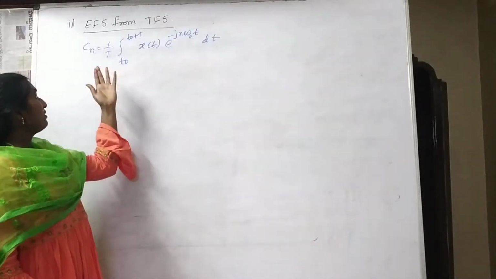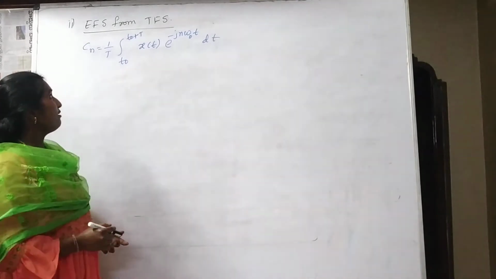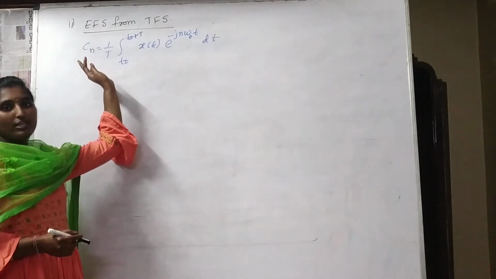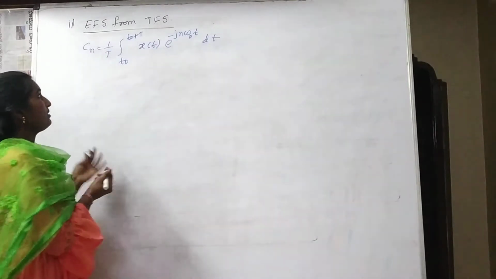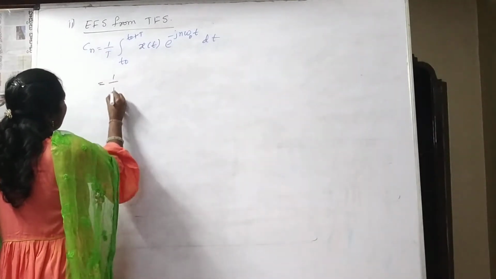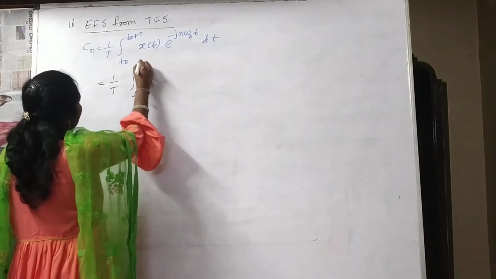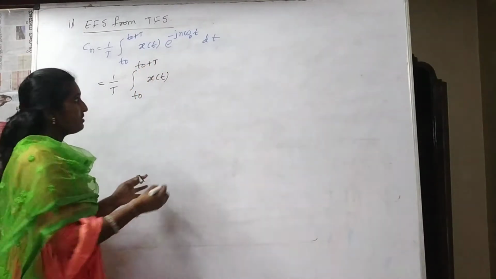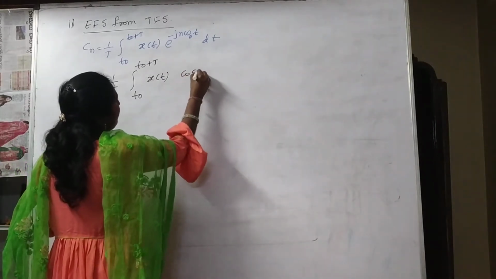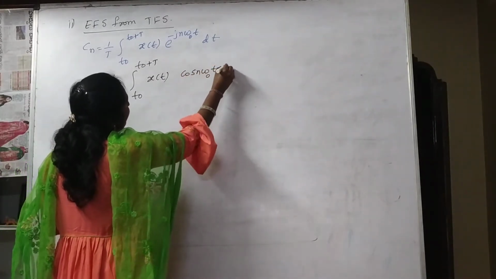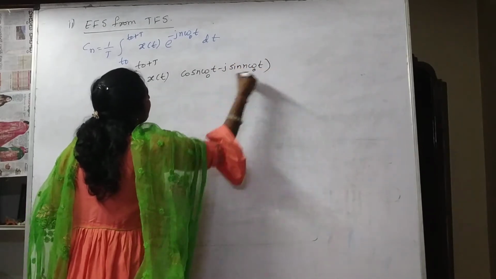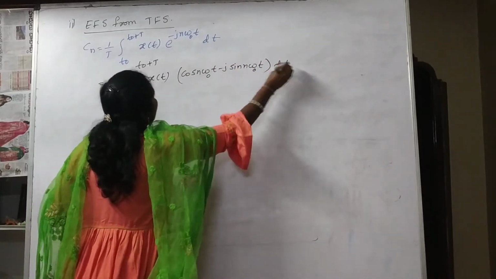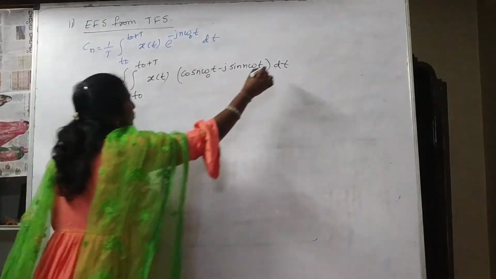Now the next relation is EFS from TFS. For that you require the exponential Fourier series coefficient formula. I have written Cn is equal to 1 by T integral over t0 to t0 plus T of x of t, and again use Euler's identity: cos n omega naught t minus j sin n omega naught t, dt, and this 1 by T is overall.